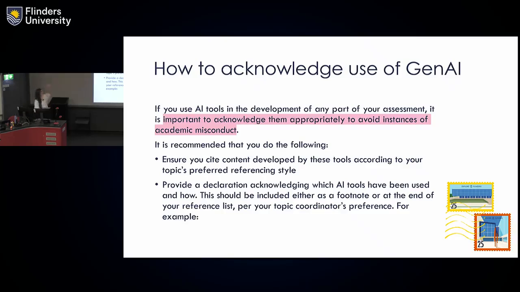If you create a whole essay in an AI tool, that's contract cheating. Contract cheating is an automatic level 2 academic misconduct, okay? Level 2 academic misconduct is very serious and it has very serious consequences. So you need to be aware of that when you are embarking on these tools.